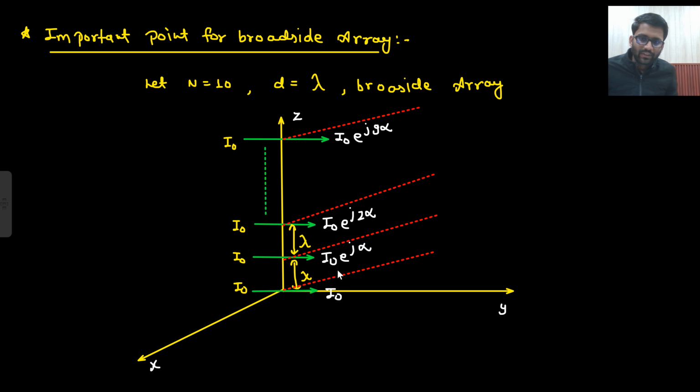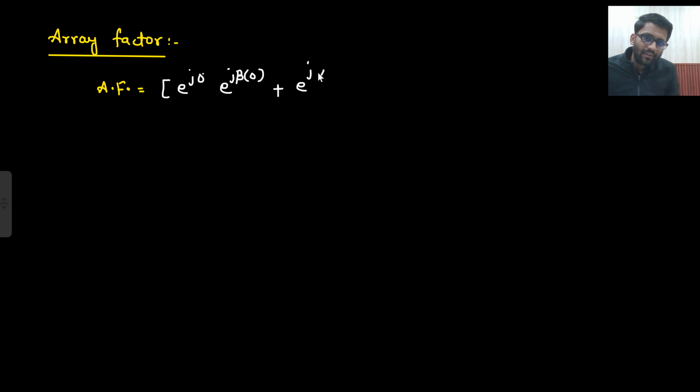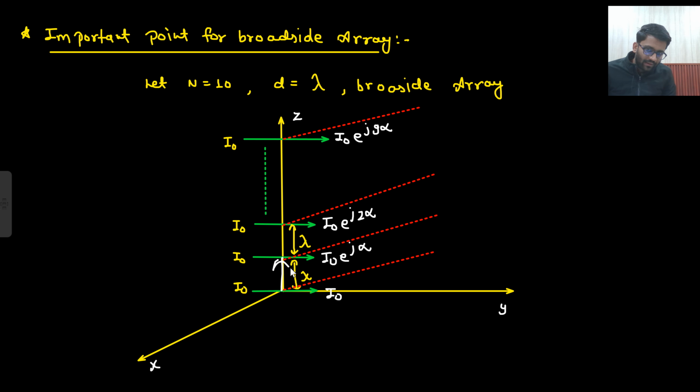So for the first one, if I write down the array factor, there is no phase and the distance is also 0, so that term is 1, plus for the second one the phase is alpha, plus j beta, and this is the d vector, and this is your AR vector.